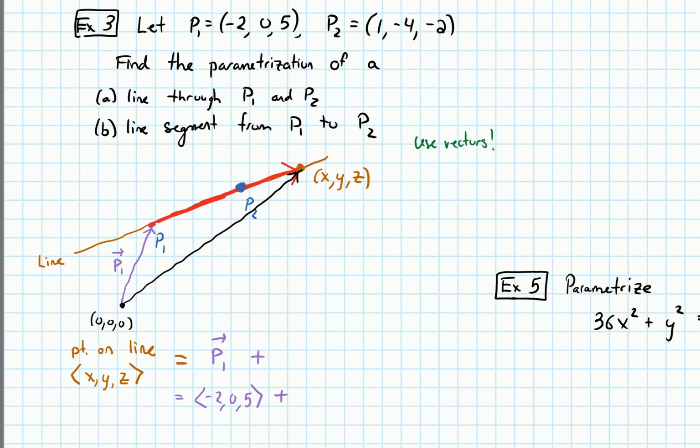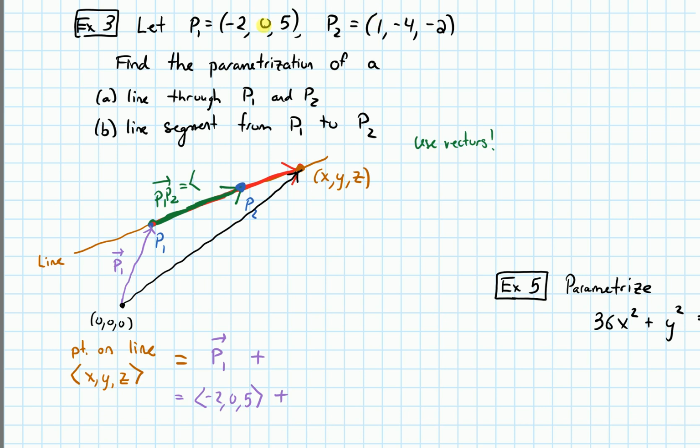To determine that vector, let's first determine the vector that begins at P1 and goes until P2. That vector is P1P2 with an arrow on top of it. To find that vector, we do the coordinates of P2 minus the coordinates of P1.